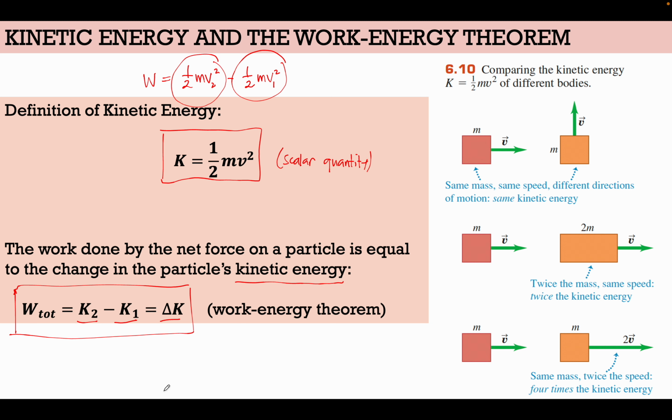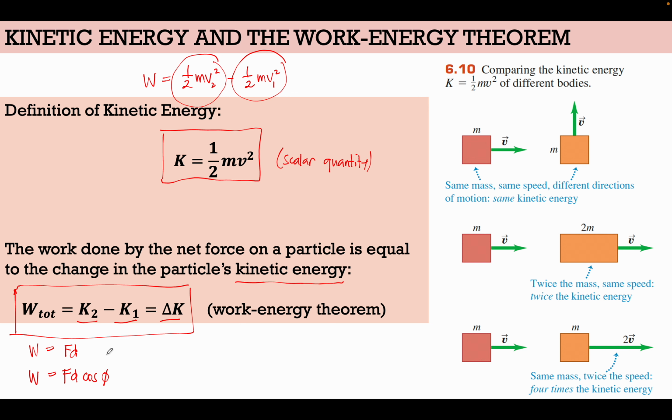Okay, so now we have three equations for work. The first one is the work done along the straight line displacement, which is equal to force times displacement. And the second one is force times the displacement times the cosine of the angle phi.